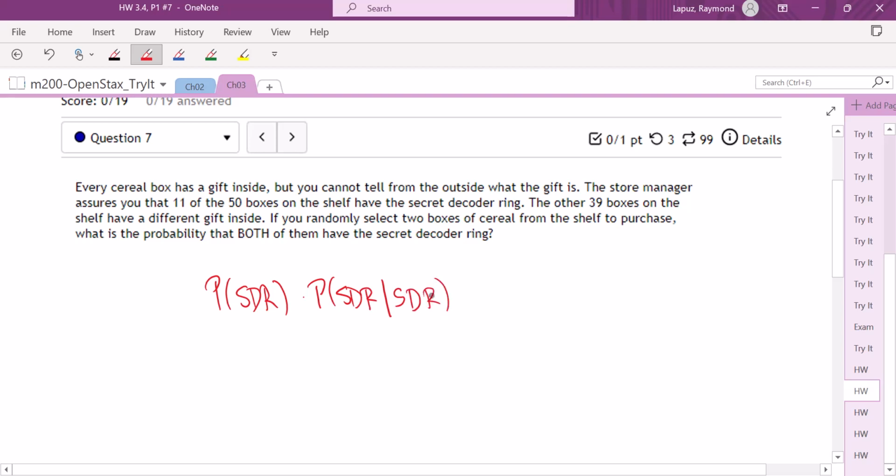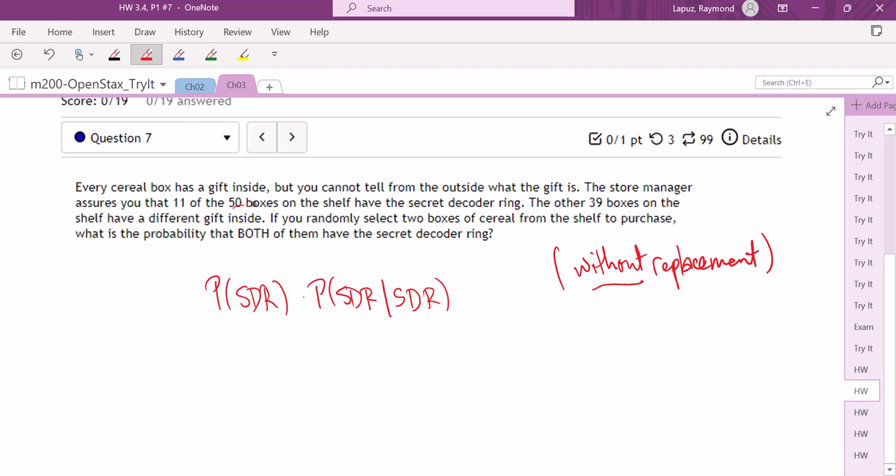And so this one looks like you're looking at this experiment as an experiment without replacement, because you're looking at selecting 2 different boxes and you're going to keep both boxes. And so this is without replacement. Not only that, because there's only 50 boxes, when you take one out, you have to consider that you've taken one out already.